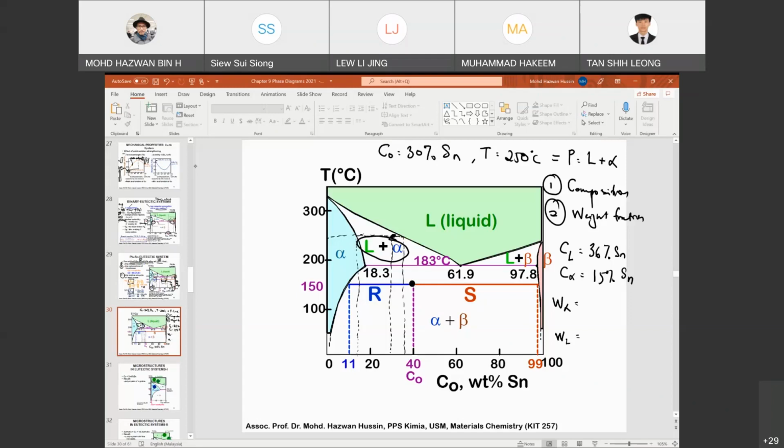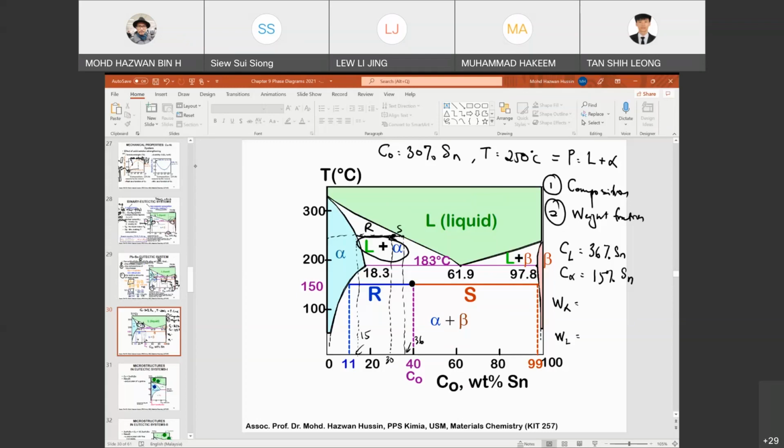All right. So how to do that? Maybe you need to, again, draw a tie line, R, and over here is S. Since over here we already identified this will be around 15, and this one is 30, and this one is 36.